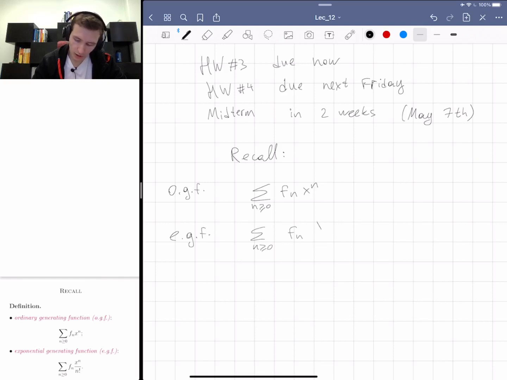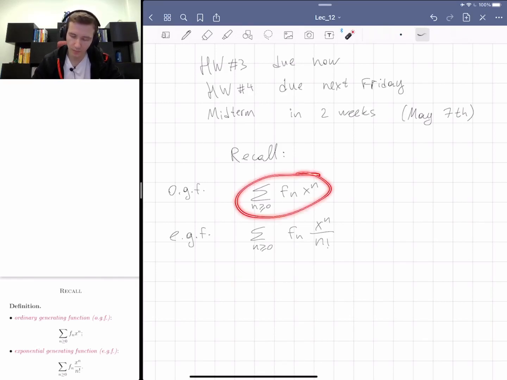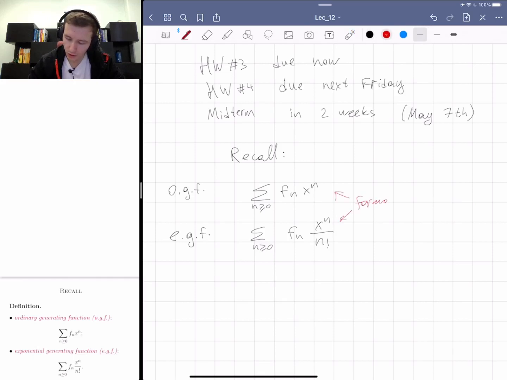X to the n over n factorial. So these are just treated as formal sums. And last time I discussed how to multiply and divide and add such formal power series. So these are formal power series.